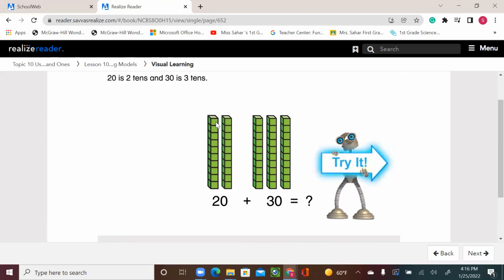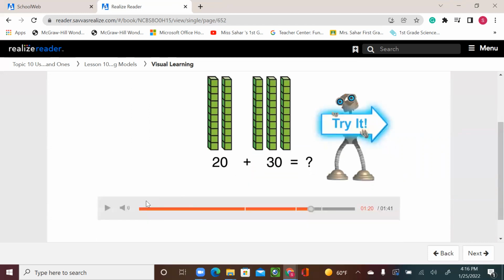Okay, so we see that this is a 10 rod. So 10 ones make 1 ten. So 1 ten, 2 tens, that's 20. And then 3 tens, 10, 20, 30. So 10, 20, 30, 40, 50.